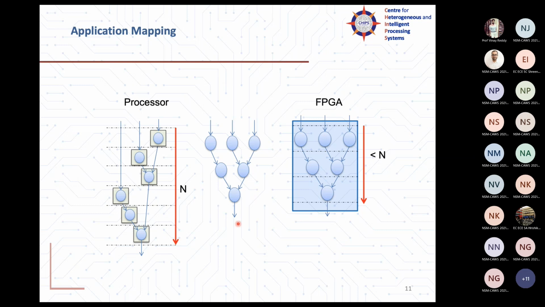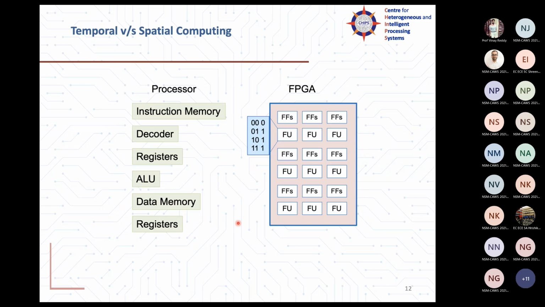Okay, so we are looking at comparing temporal fixed architectures versus spatial configurable architectures. On one side, we have user-defined parallelism, right? We can use 2 functional units, 3 functional units, merge them, and define whatever parallelism is needed that can be exposed by your application.